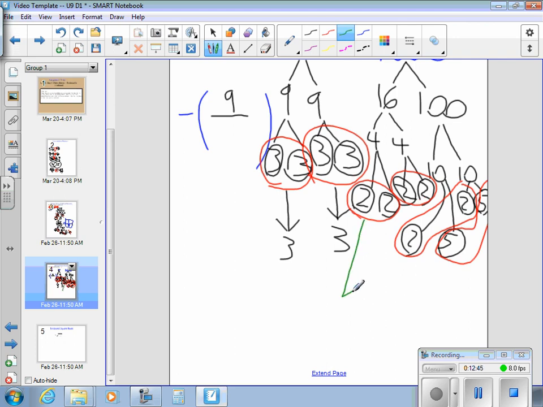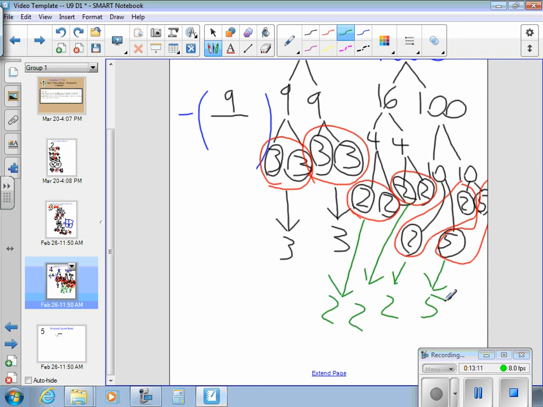This set of 2's, and yes, I changed colors. Hopefully it'll help us keep it separate from the other one. The square root of 2 times 2 is 2. The square root of 2 times 2 is 2. The square root of 2 times 2 is 2. And the square root of 5 times 5 is 5.